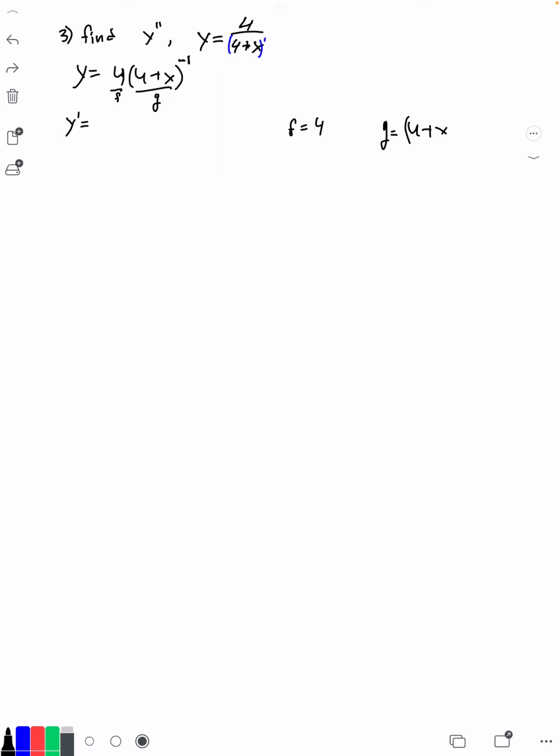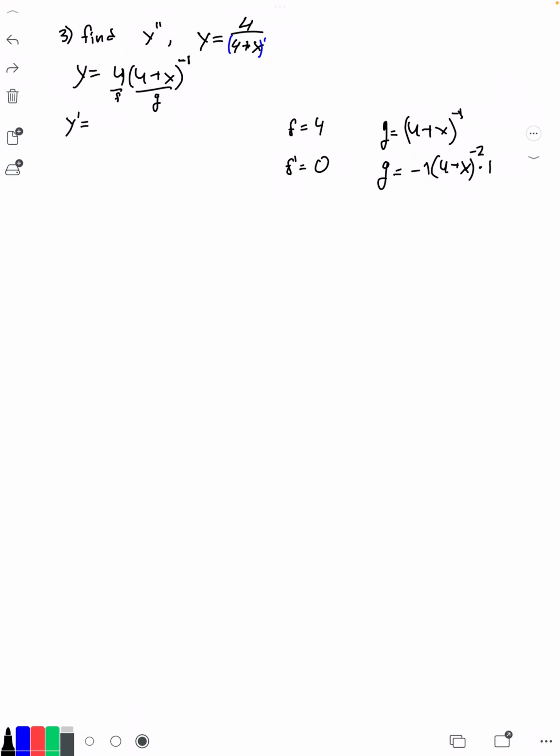We're basically doing the product rule. f prime is 0, and for g we're going to use the chain rule, so it's minus 1, the power, multiplied by what's inside, 4 plus x. The power becomes smaller by 1, and multiplied by 1 because of x, the derivative of the inside.